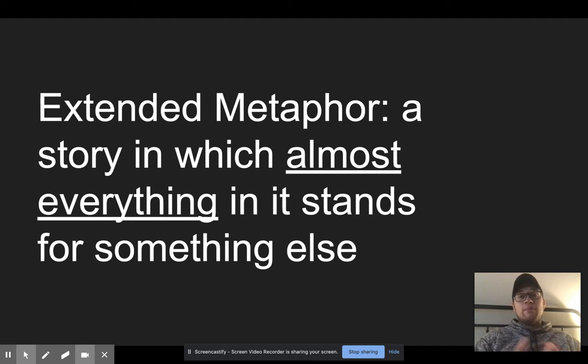We all know what a metaphor is. It's a comparison of two unlike things, not using the word like or as. That definition has probably been beaten into you guys ever since you were in junior high.